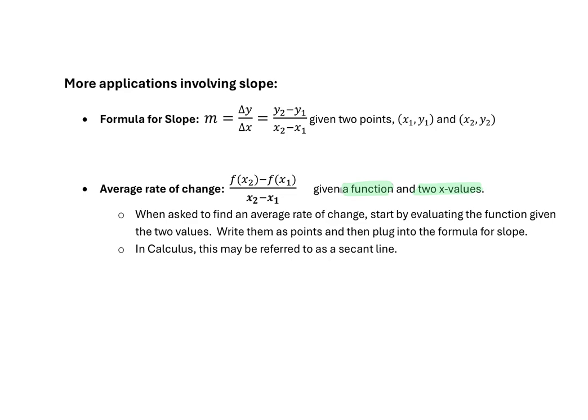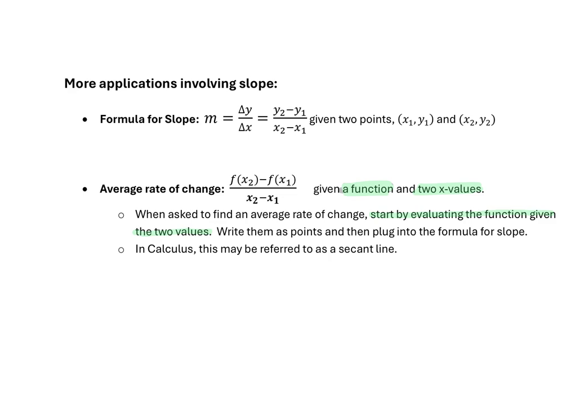We call this average rate of change because our function may not be linear, so we cannot use the term slope. In order to do this, we start by evaluating the function given the 2 x values.